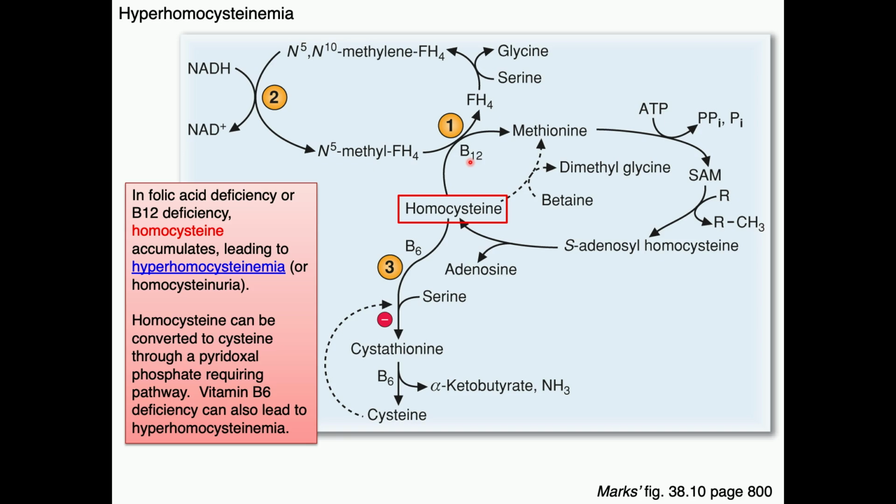So essentially with the hyperhomocysteinemia, the lack of vitamin B12 means the methylcobalamin that is required by methionine synthase is absent, so you don't get synthesis of methionine and you get homocysteine accumulating.